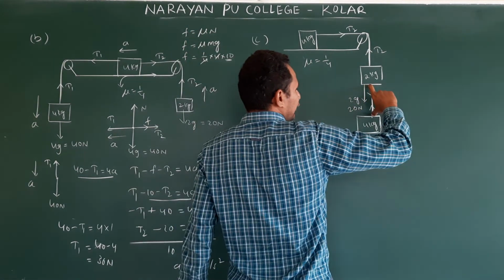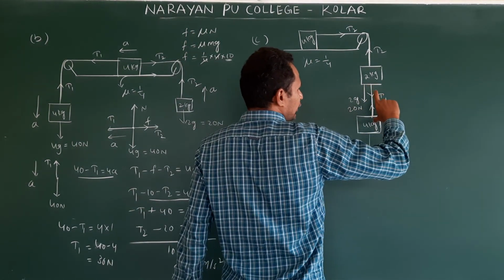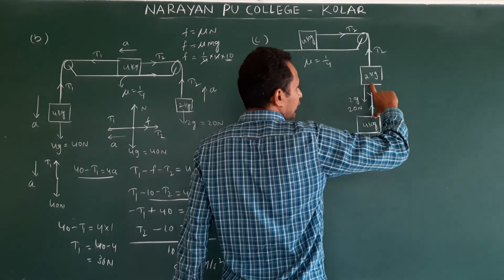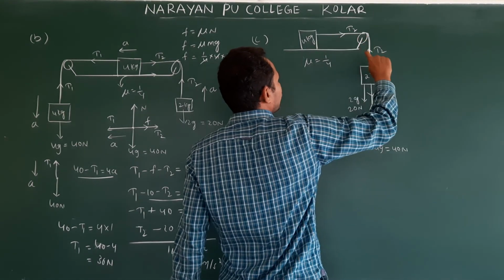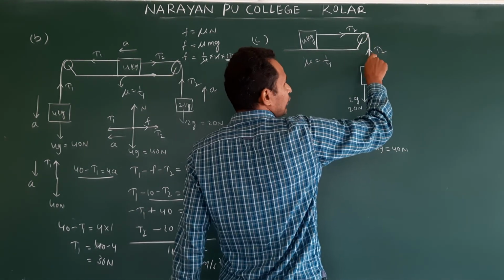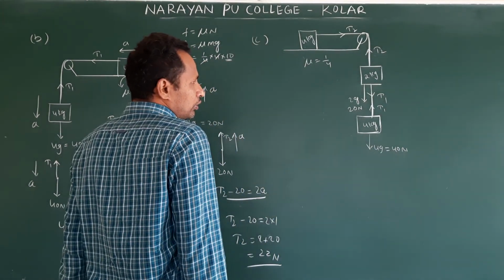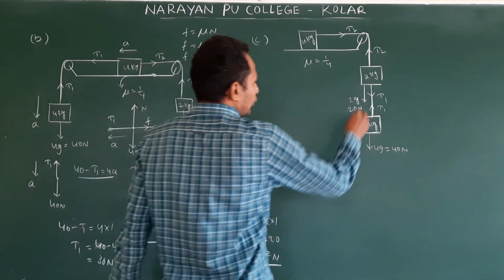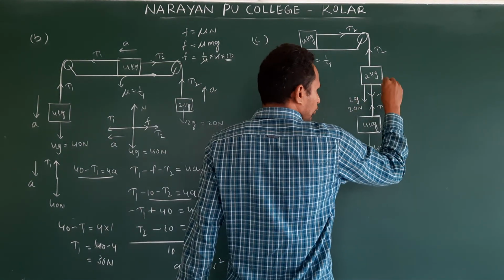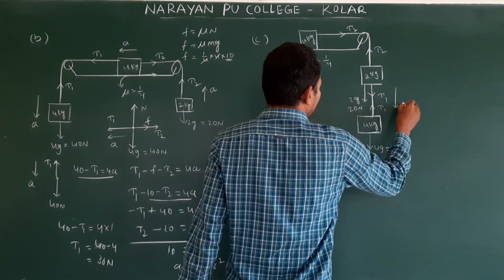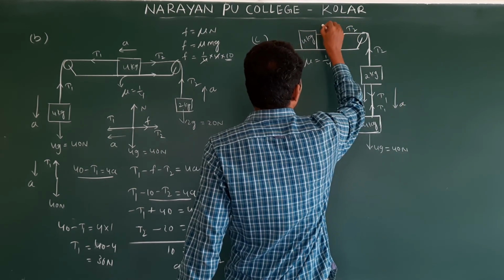Here the springs differ: one spring is between the 2 kg and 4 kg, and another spring is between the 4 kg and 2 kg, with tension T2. Now the total weight is acting downwards, so the system will accelerate downwards, in this direction.